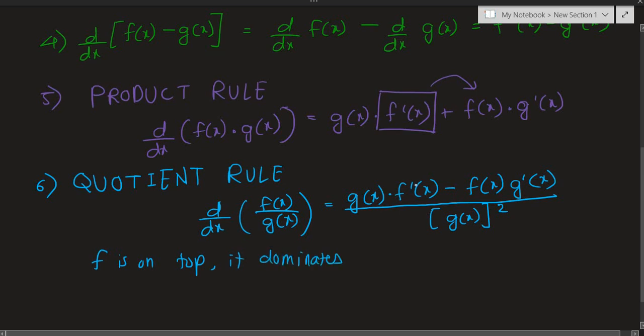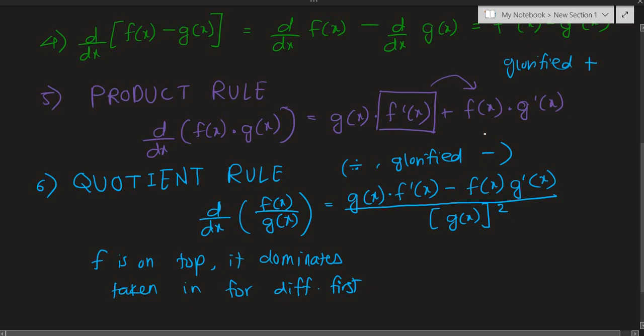So that's why f is taken in for differentiation first while g is waiting, minus this time, not a plus, because the way I like to think of it, quotient, basically dividing, can be seen as glorified negation, right? And multiplication can be seen as glorified addition. So that's why we had a plus here, and that's why we have a negative.